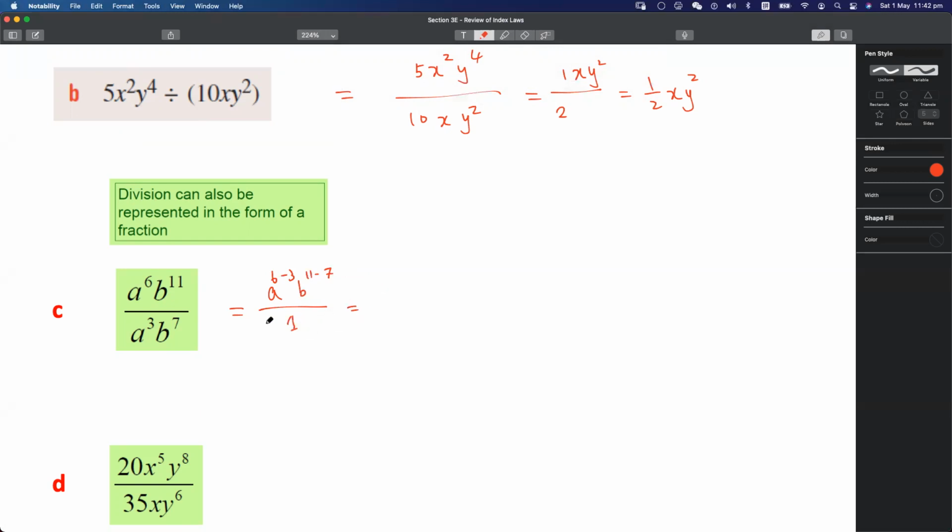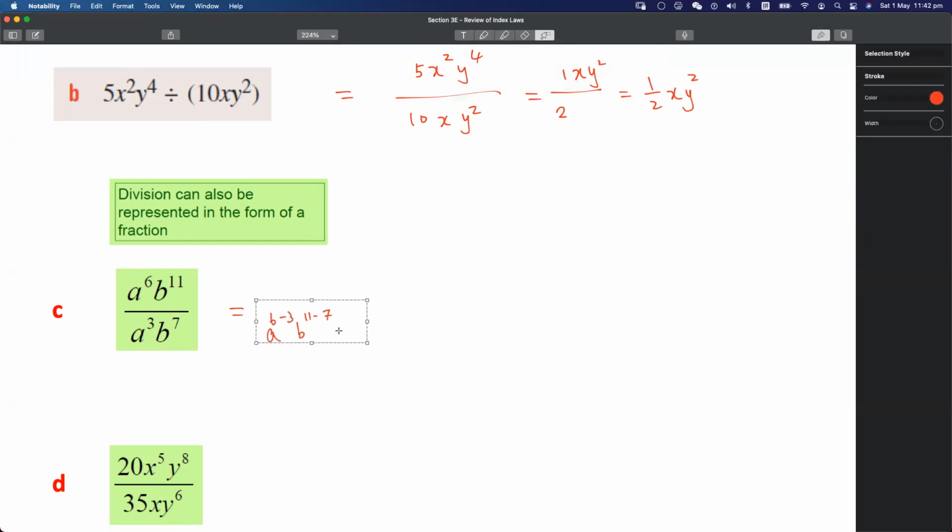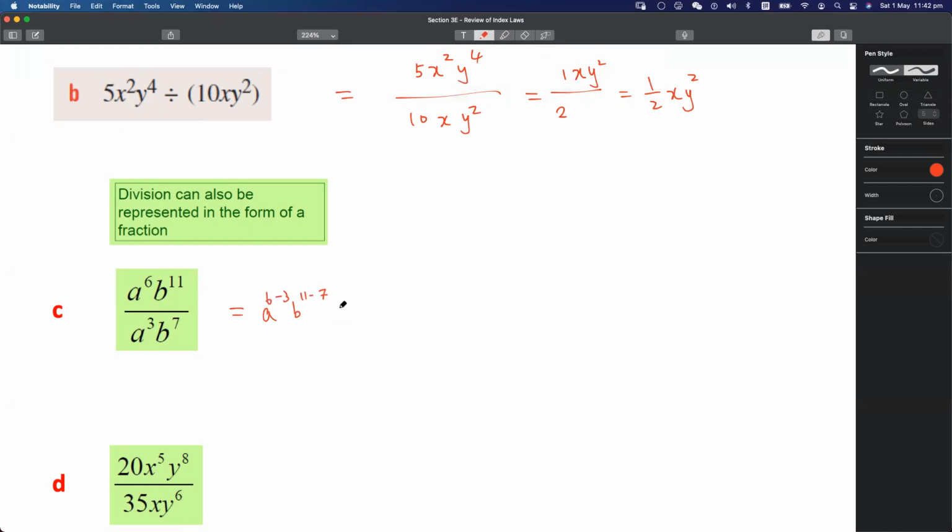But if you're fluent enough, you don't have to show this. So I'm going to erase this 1 on the bottom and just leave it like this. So your answer is going to be a to the power of 3, b to the power of 4.